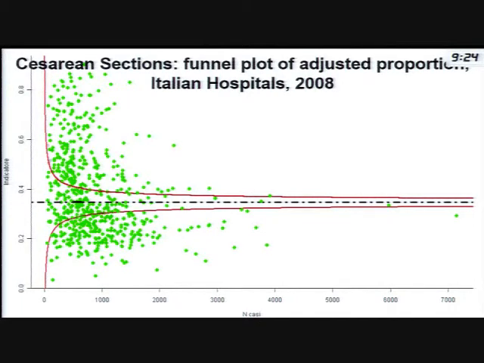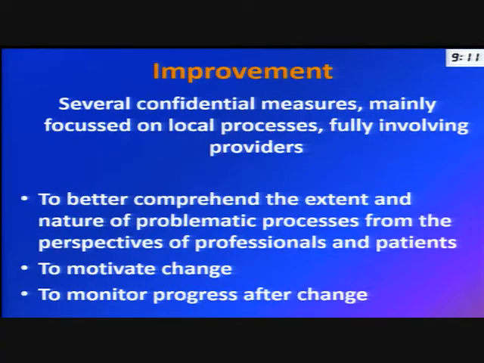So again, this is an example of an information which is essential for an accountability goal. But then improvement, we can use indicators for improvement, but indicators are not enough.